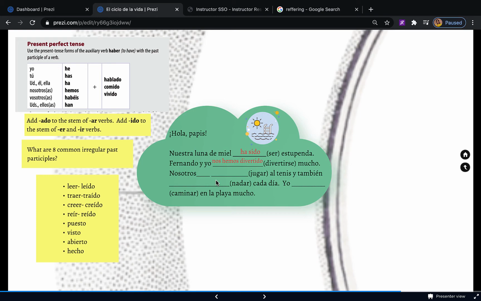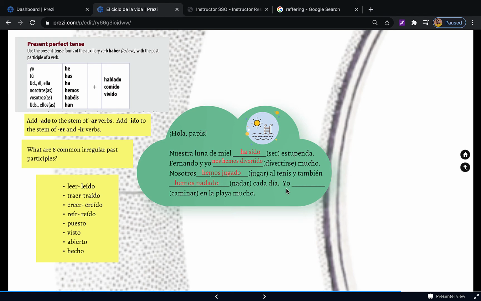Nos hemos divertido mucho. Nosotros, again, us, hemos jugado al tenis y también, and so also, hemos nadado. So you can see jugar and nadar are AR verbs, jugado and nadado.